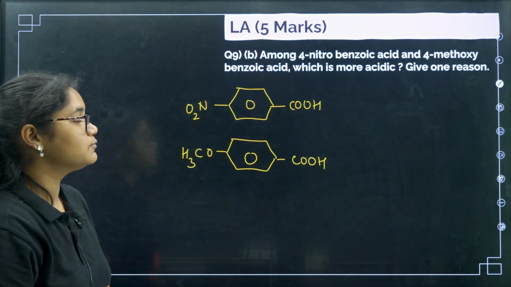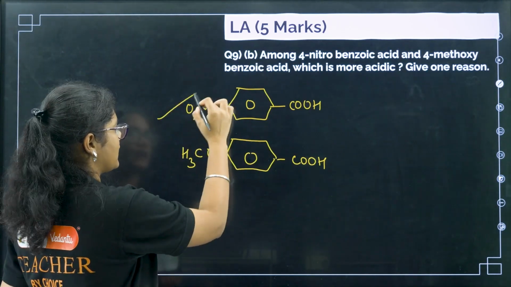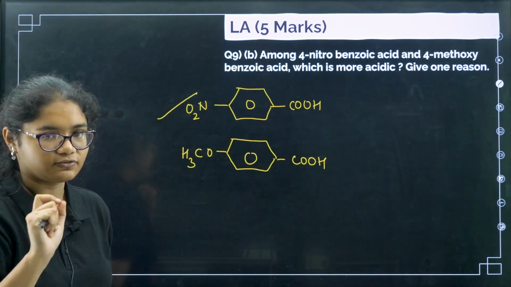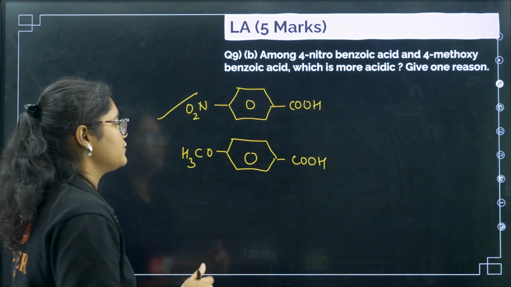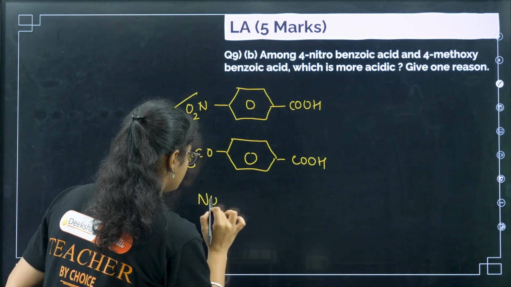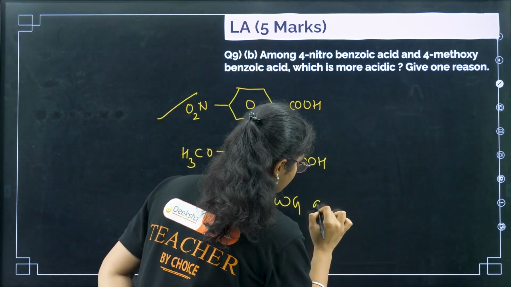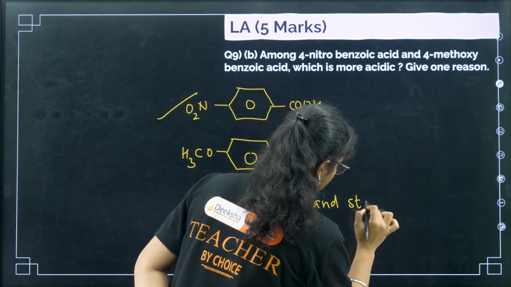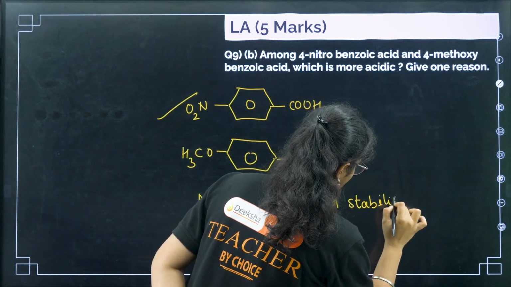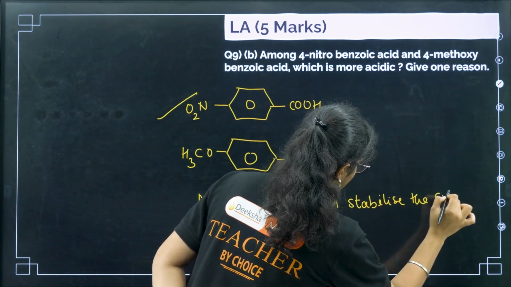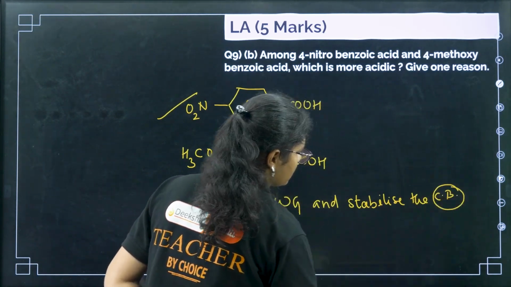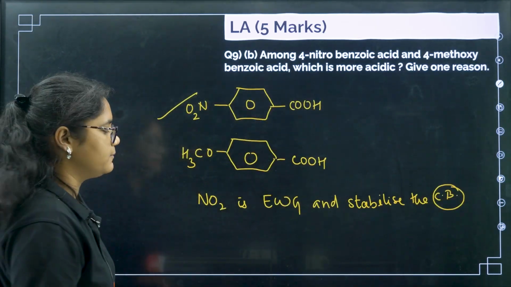Clear? Which is more acidic? Obviously 4-nitrobenzoic acid is more acidic. That is the first thing. Now give reason. So you have to write here NO2 is an electron withdrawing group and stabilizes the conjugate base. You should write the full word here.